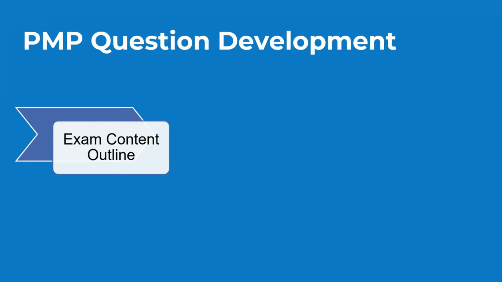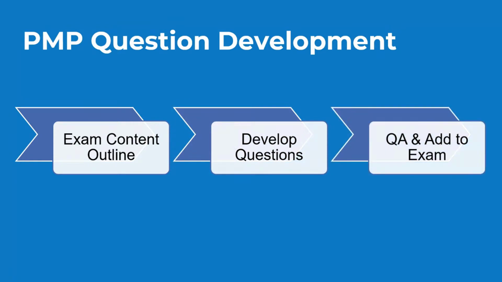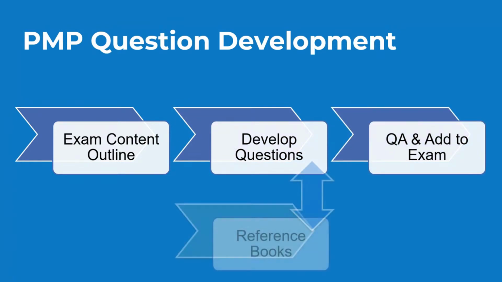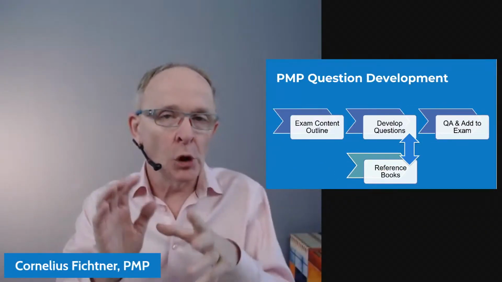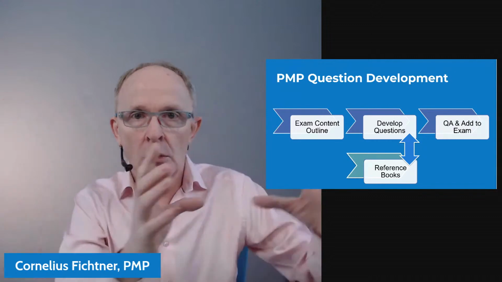So here we go. It starts with the exam content outline. Based on that, questions are developed, QA is added to the exam, and only then do the reference books come into play, where the person who develops these questions has to open up one of the 10 reference books that PMI has, actually 2, and say, okay, I'm saying B is correct because book 1 says so and book 7 says so.